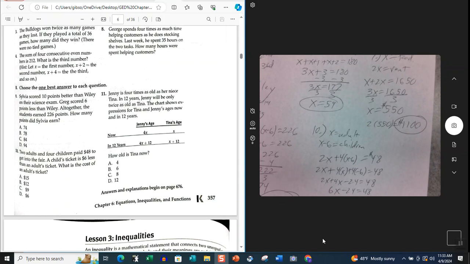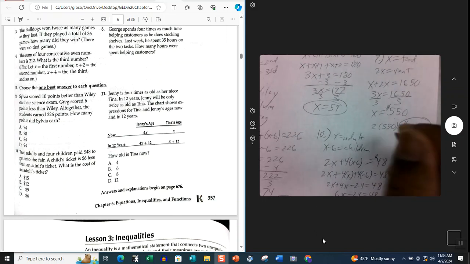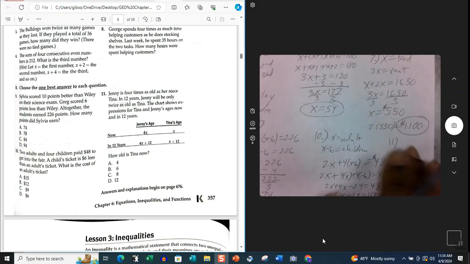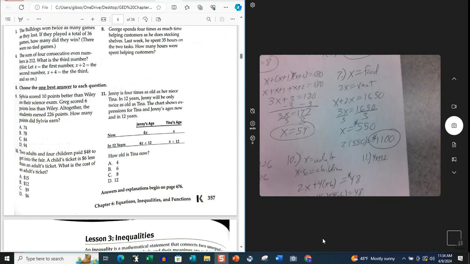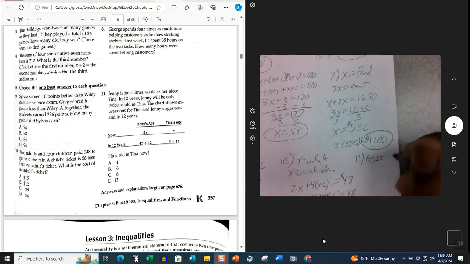So in 12 years, we know that Jenny's age is 4x plus 12. And we know that that is twice what Tina's age is. And Tina's age is x plus 12, but we have to double that.